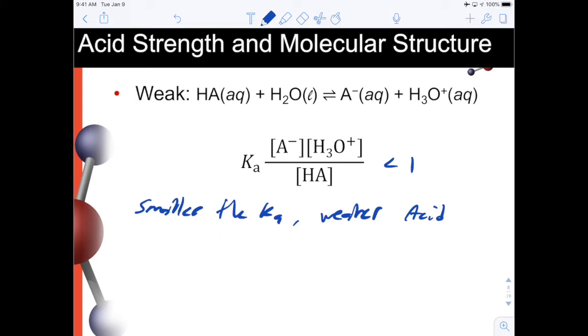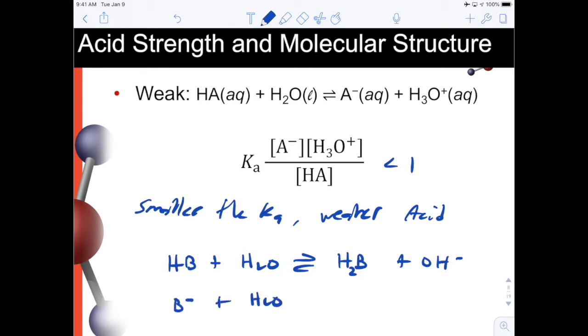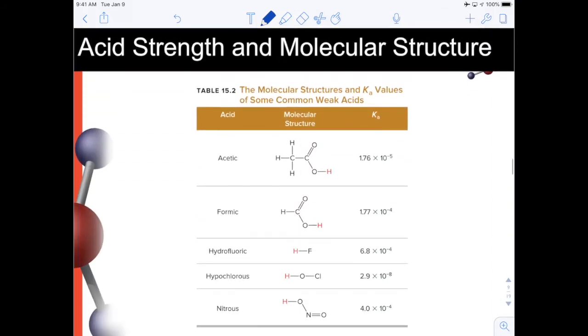For a base, you can simply write HB plus H2O goes to H2B plus OH minus, something like that. Or it could start as B negative. B negative plus water gives you HB plus OH negative, something like that. So that's very similar to an acid.